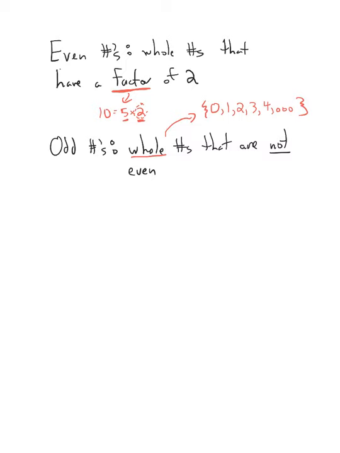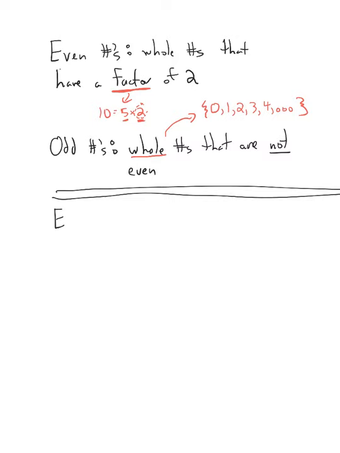Again, a little bit later in the course, we'll talk about different number systems because a bunch of them will come up, and we'll come up with some nice notation, we'll call it set notation, so I don't have to keep writing whole numbers or counting numbers or fractions over and over again. But we know what even numbers and odd numbers are. So let's explore the concept just a little bit.